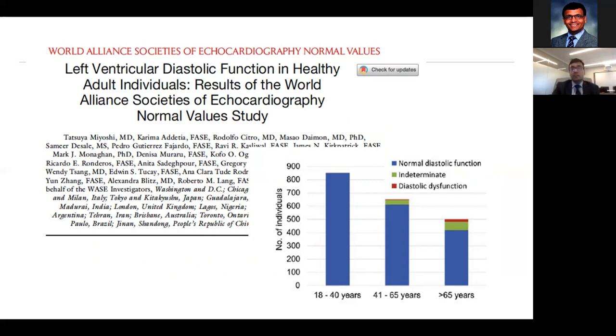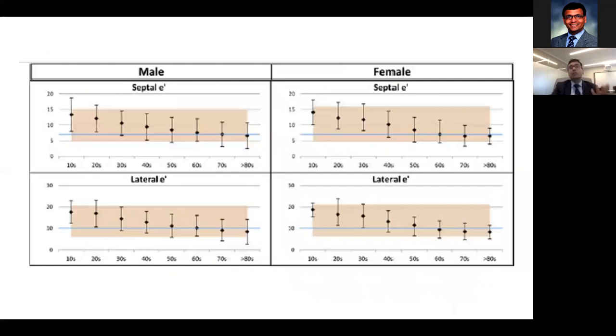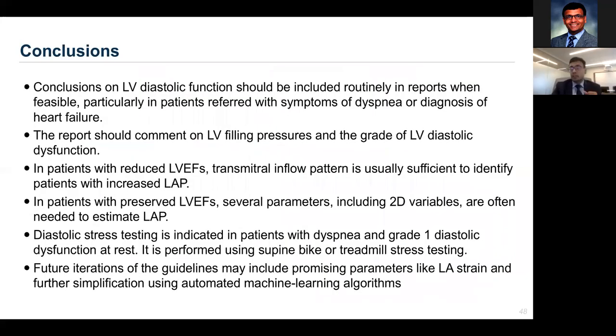And in fact, it was suggested that perhaps we need to think about some form of nomograms or changing the nomograms values for some of the parameters, particularly the E prime and the left atrial volume index. The left atrial volume index was also seen to be larger in elderly individual.